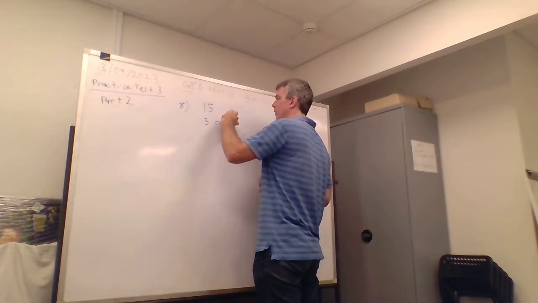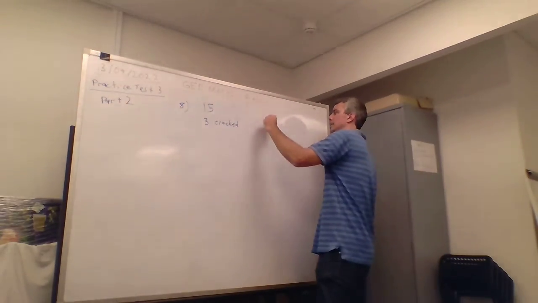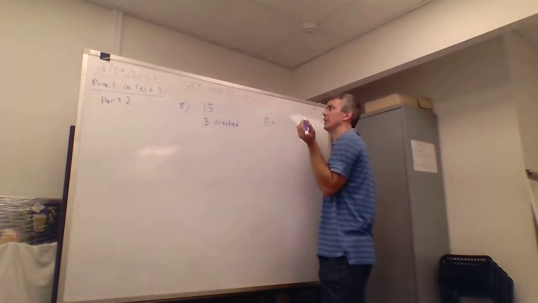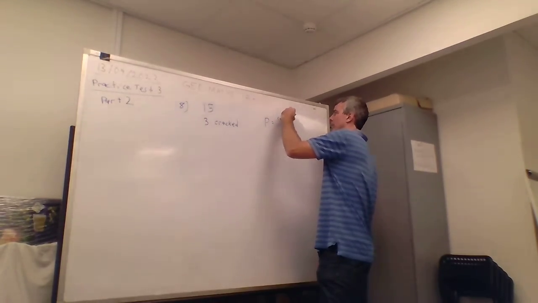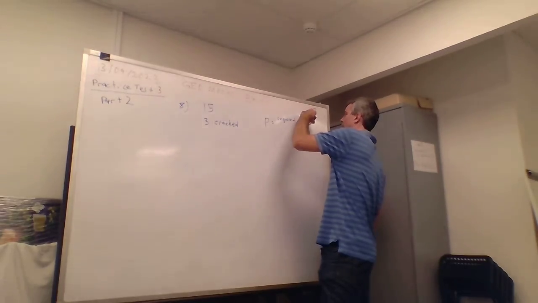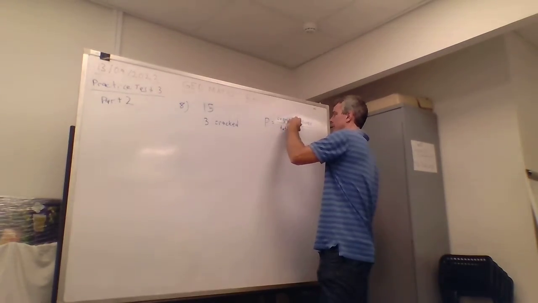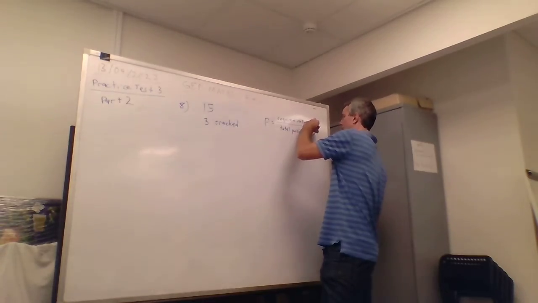So do you remember how we did probability? Probability was the required outcome of interest divided by total possible outcomes.